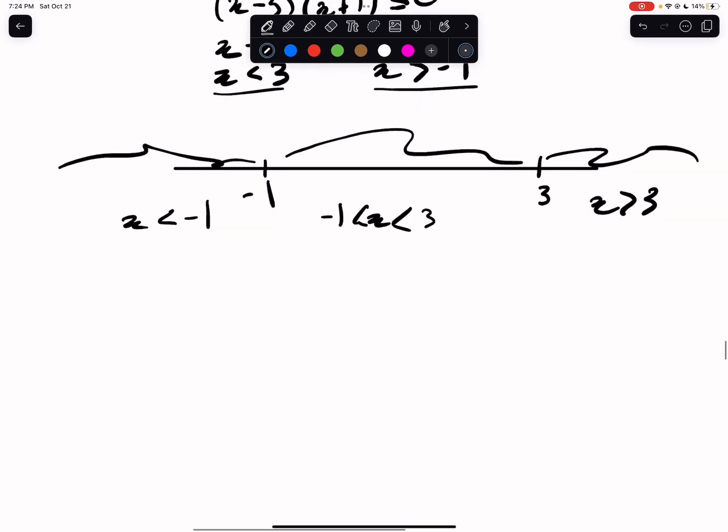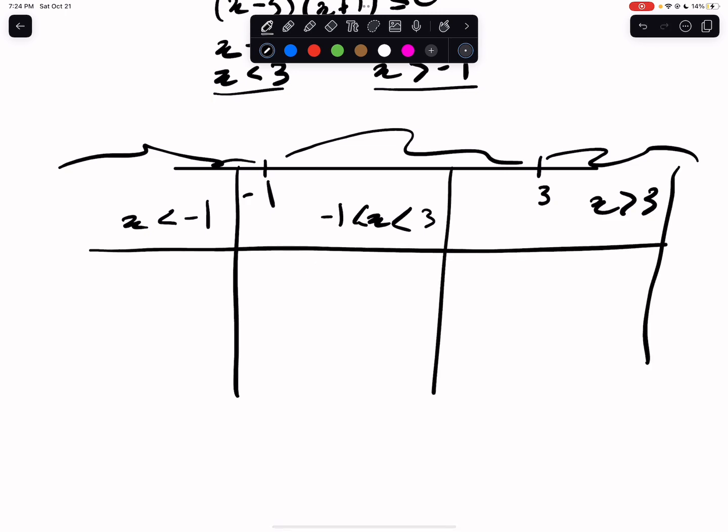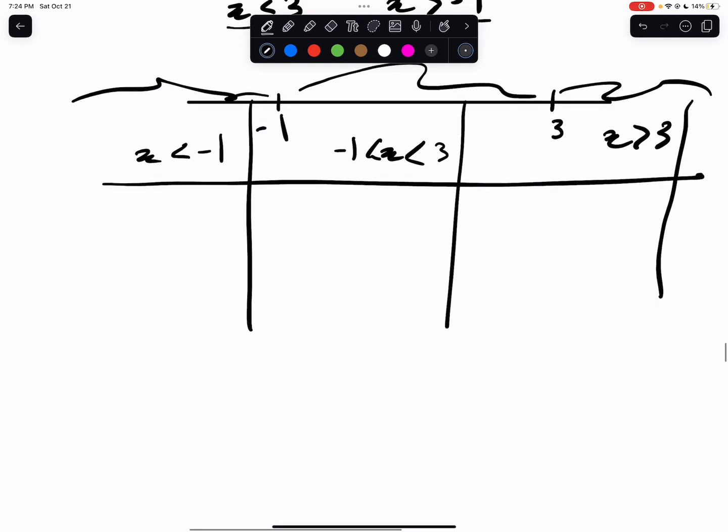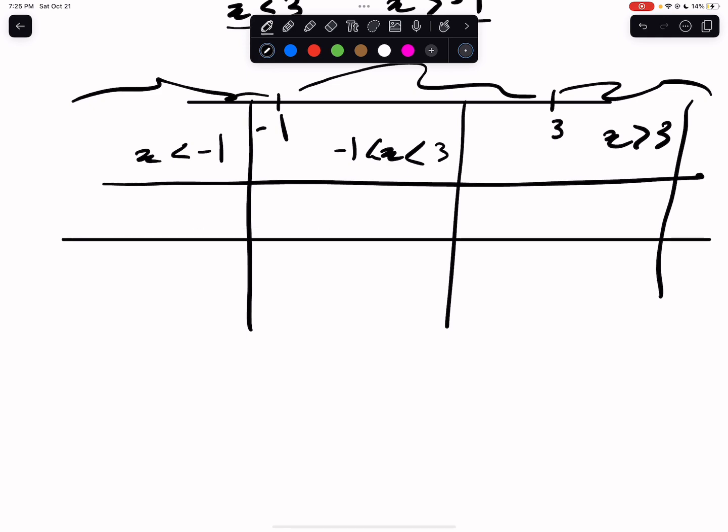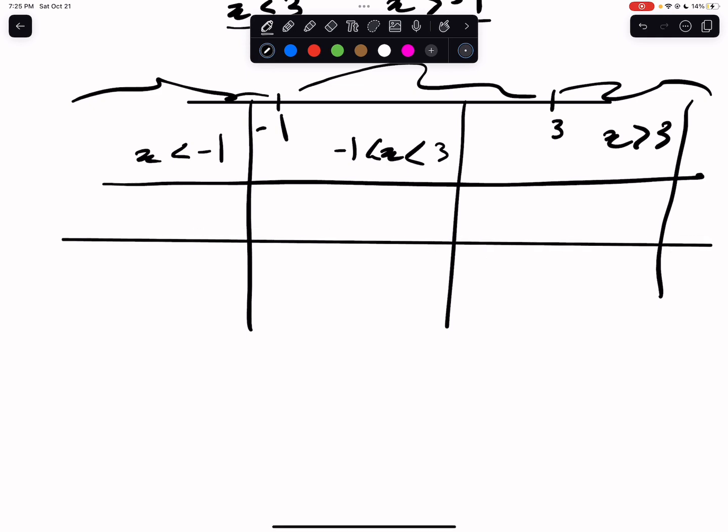Now let's make a nice chart. Okay, there's our chart. What you want to do now is just find a test point. Remember, make sure your test point is not an x-intercept. So we don't have to write x, we can just write TP for test point.